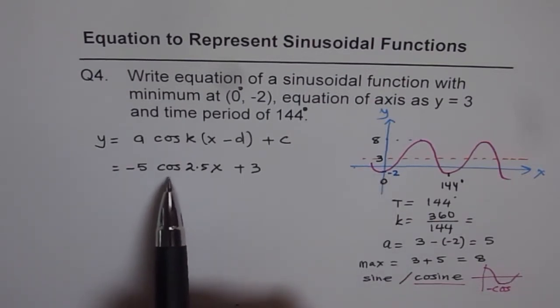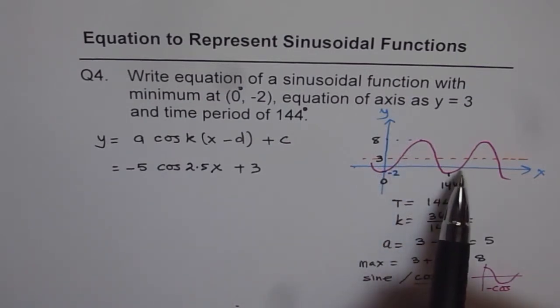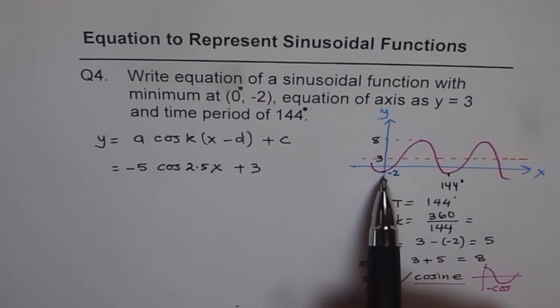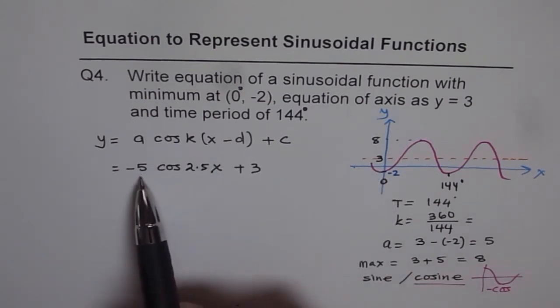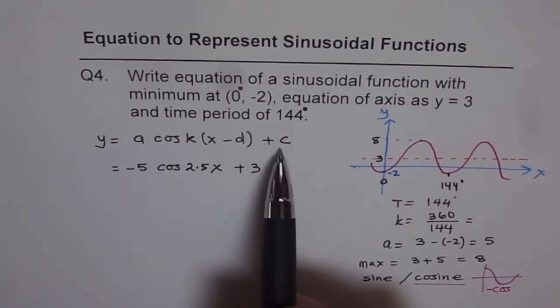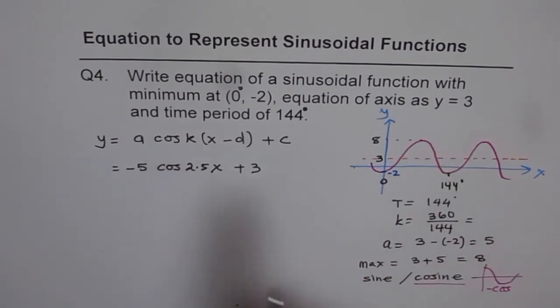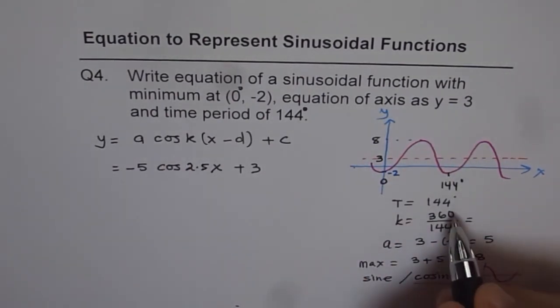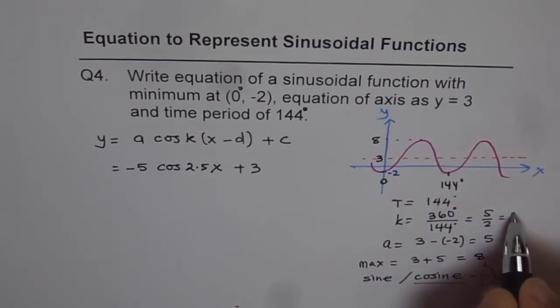We preferred cosine over sine since the sinusoidal function starts with a maximum or a minimum. The phase shift has been taken care of with this negative sign, and the axis of symmetry is given to us as 3. The value of k we found as a ratio of 360 degrees to 144 degrees, which gave us 5 over 2 or 2.5.